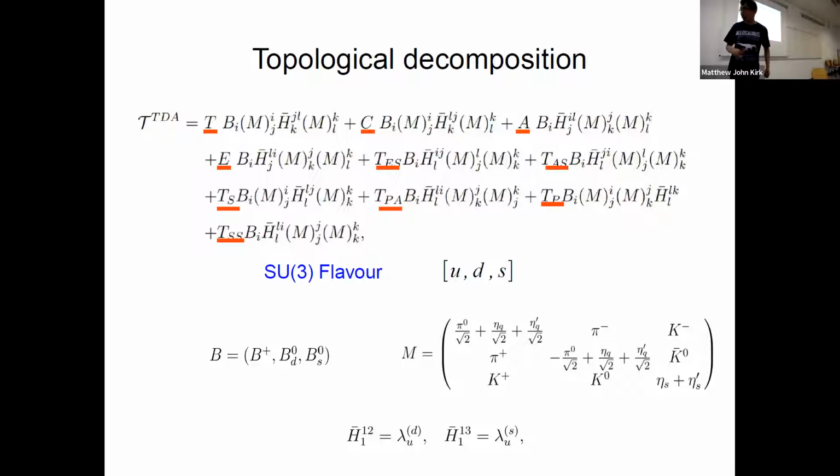This matrix has 9 degrees of freedom. The trace gives you the singlet, and the traceless matrix is the octet. Exactly. The singlet is the sum of eta S prime. Yeah, the neutral ones. Neutral ones, yes, as it should be.